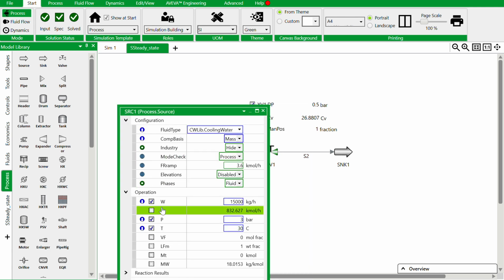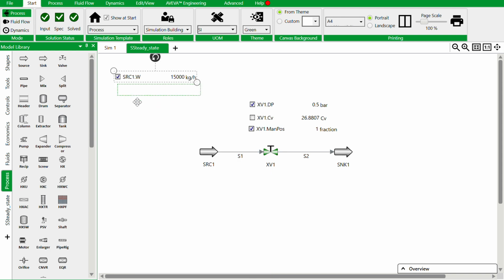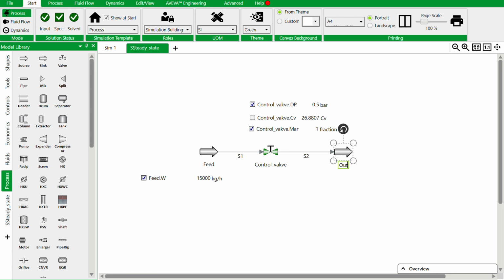So we consider the input flow rate, and we can rename it as feed. It can be renamed as control valve, and it can be outlet.